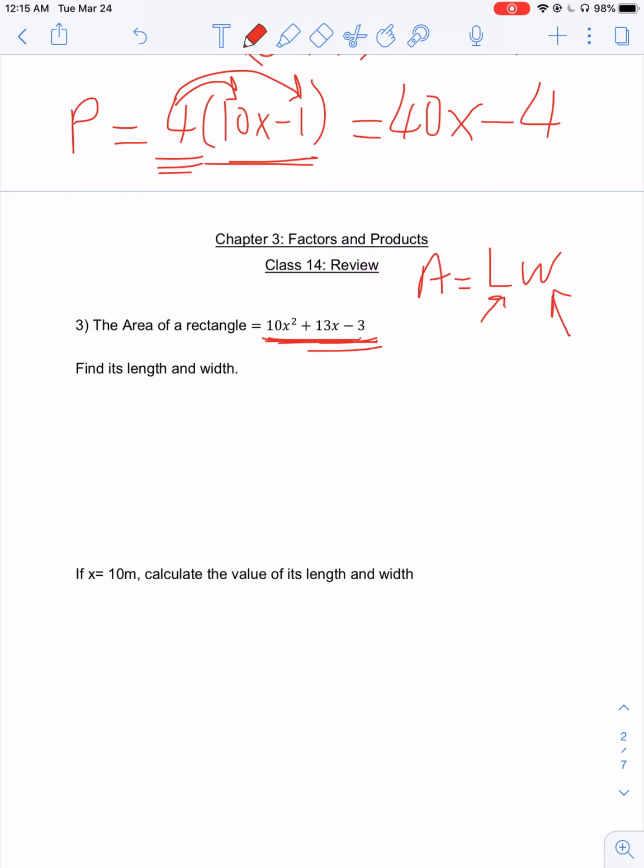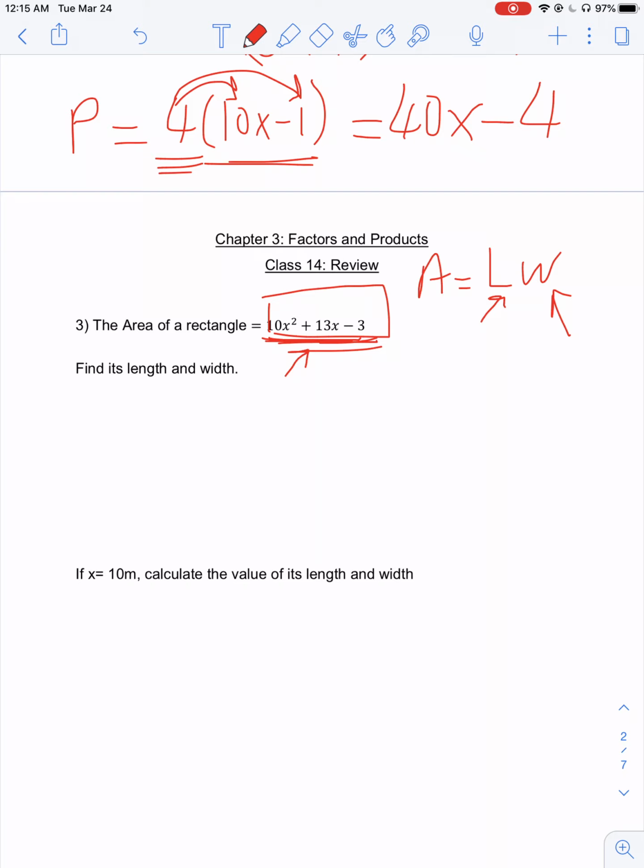Both of them will be an algebraic expression, right? So because this is a trinomial, you will have to rely on product sum. So that's the best way to factor this. But before we proceed, always ask yourself, is there a GCF that I can factor here? And it turns out that there isn't. Okay, so let's just do this using product sum.